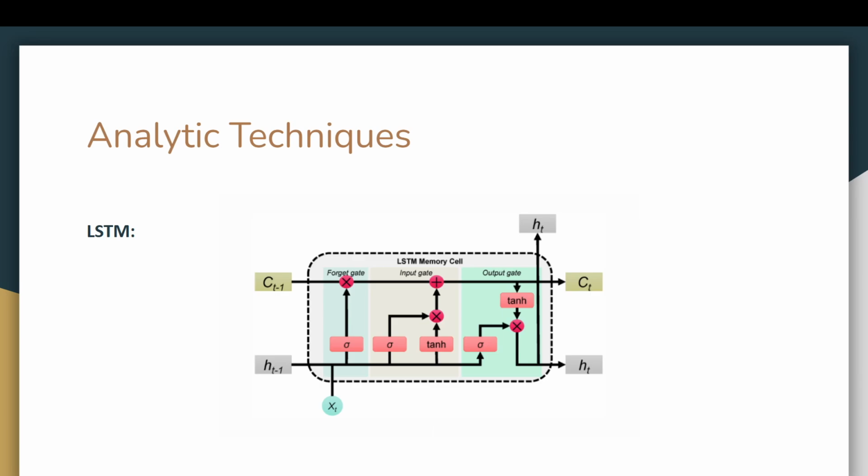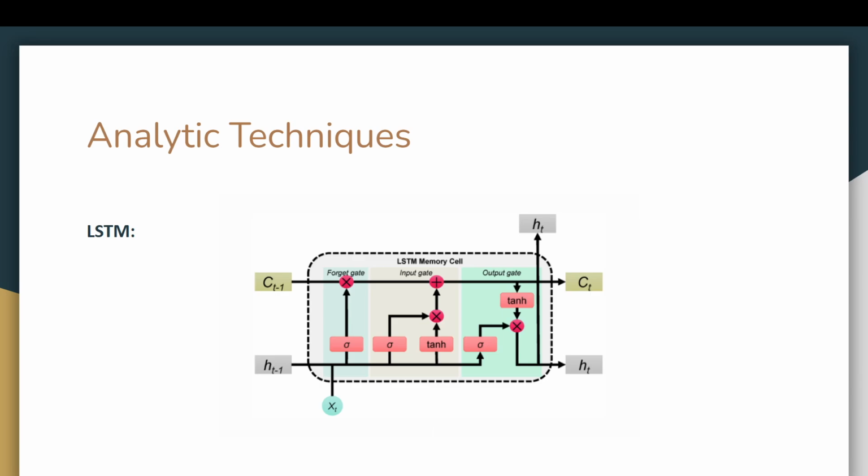Input gate determines which new information to add to the cell state. It has two parts, a sigmoid function that acts like a gate, and a tanh function that creates a vector of new candidate values to add.